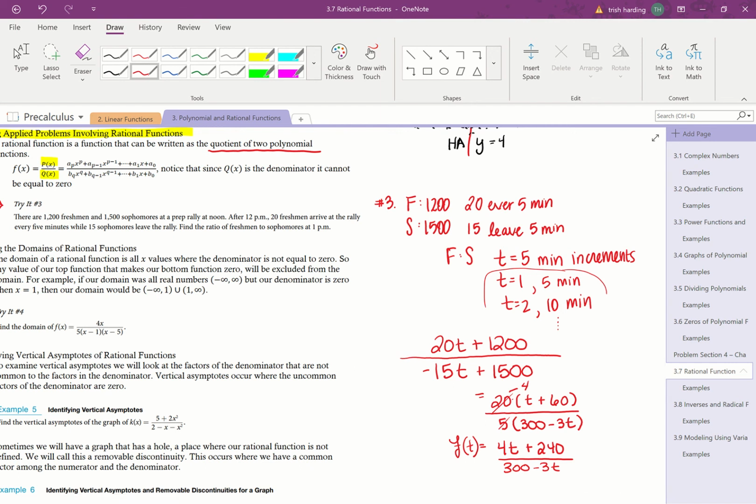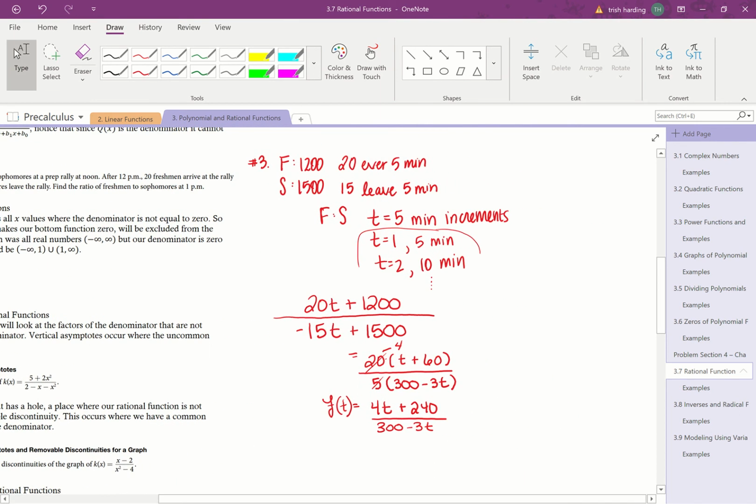Now, if they want it at 1 p.m., so that's 1 hour, that's 60 minutes. So how many 5-minute increments is that?